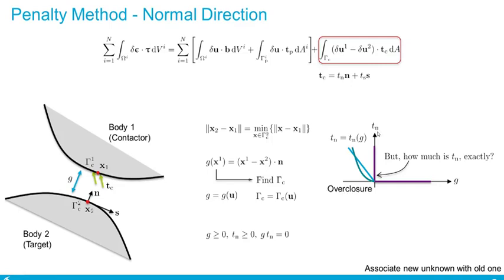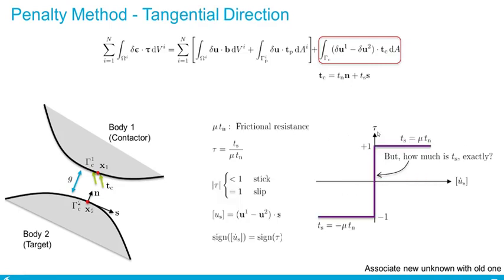In the tangential direction, we could apply the same trick. Previously this Ts is undetermined for tau between -1 and 1. Now we can write Ts as a function of the tangential direction opening, multiplied by some penalty stiffness k.